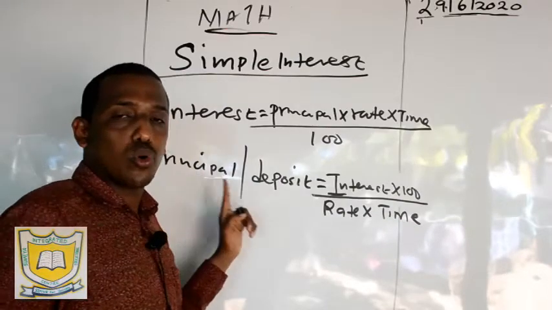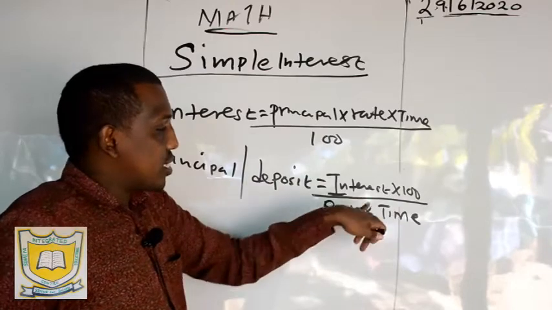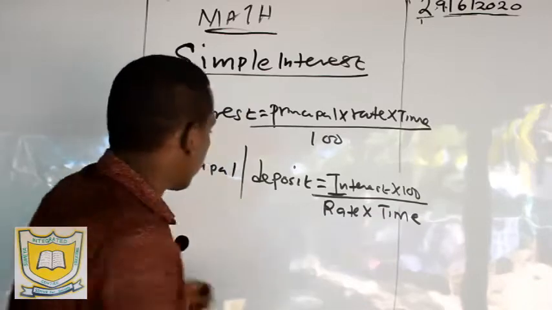The principal, the deposit, or the loan invested is equal to the interest multiplied by 100 over the rate times the time.